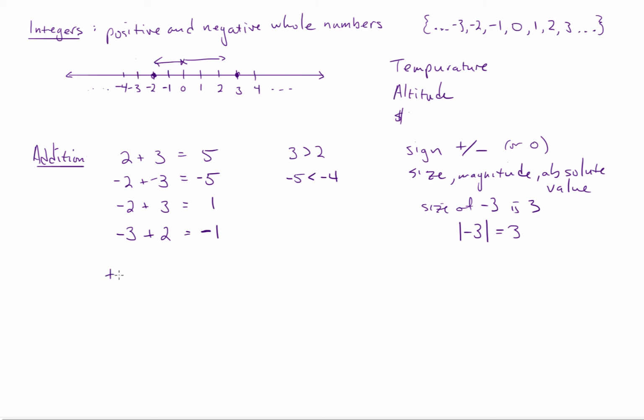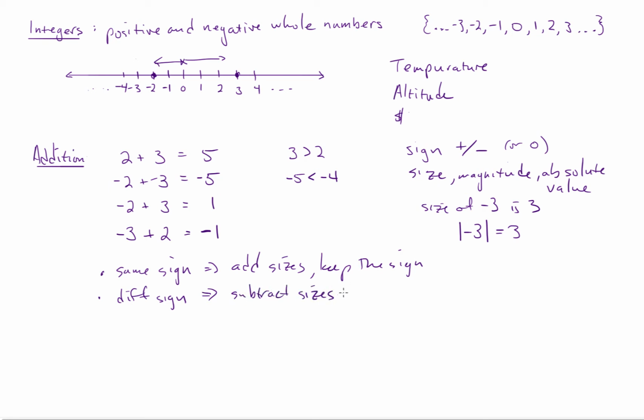So that was a roundabout way of talking about the rules of addition. Basically, it amounts to this: if they're the same sign, then you add the sizes and keep the sign. Or if they're different signs, you subtract the sizes, larger minus smaller, and then the sign of your answer is the same as the larger number.